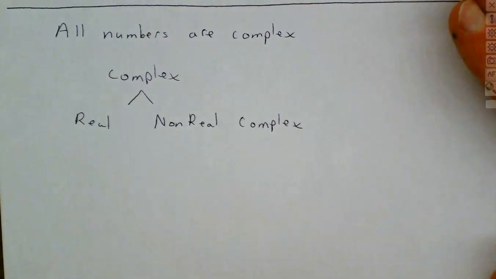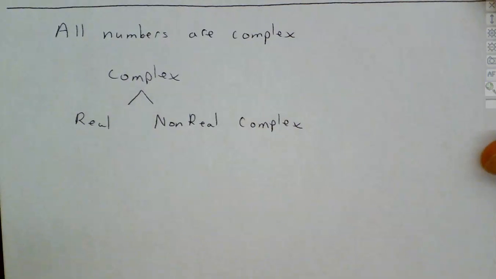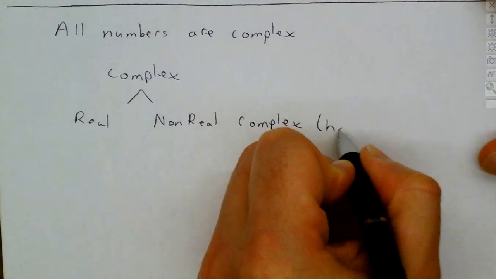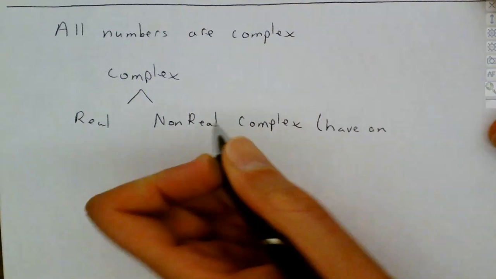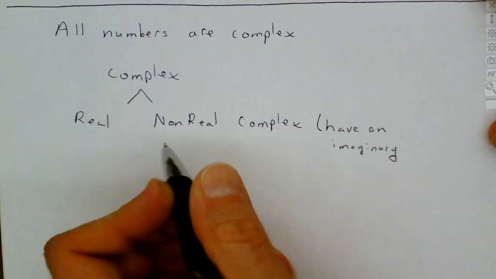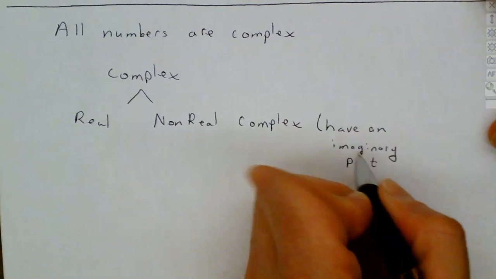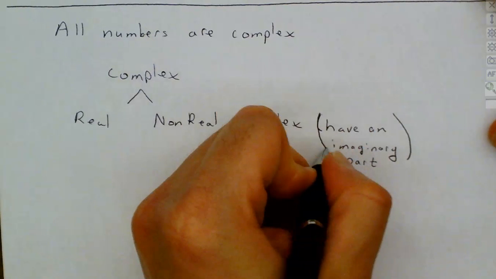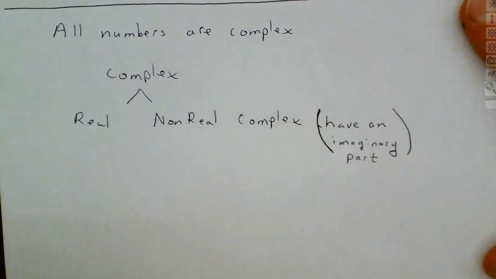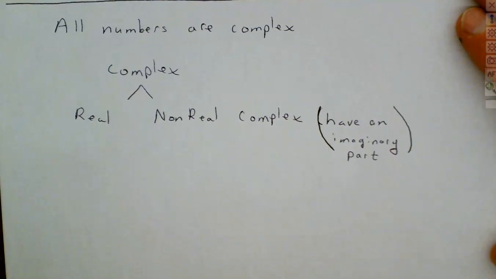Now, what are non-real complex numbers? Well, these have an i. So when we talk about non-real complex numbers, these have an i. They have an imaginary part. The real part we're not going to break down anymore.